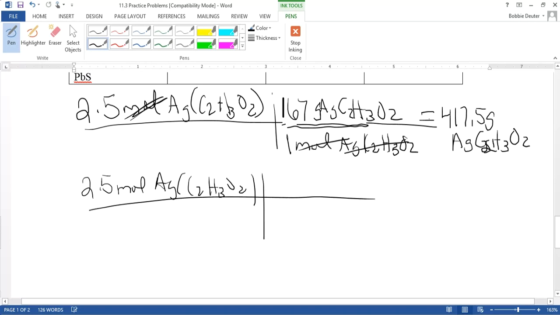We know that we put 1 mole on the bottom, and then we put our Avogadro's number, because remember, representative particles could be formula units, ions, atoms, molecules. Those are all representative particles. And so in this case, we're going to use Avogadro's number, 6.022 times 10 to the 23rd.